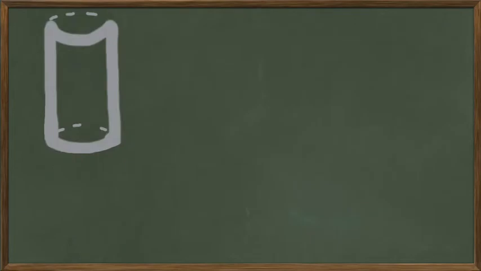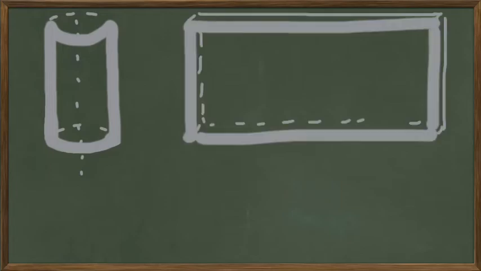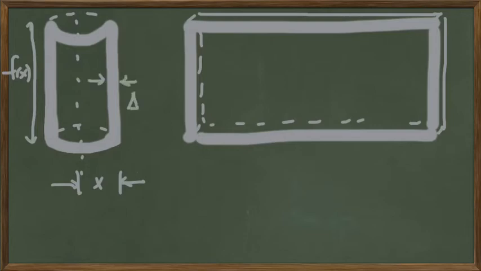We have this gray shell, and what we're going to do is cut it down the side and spread it out so that it is a flat object that looks like this. On the original shell, let's mark its radius, which is between here and here, and its height, which is f of x, from here to here, and then of course it has this thickness delta x, which is the thickness of its side.